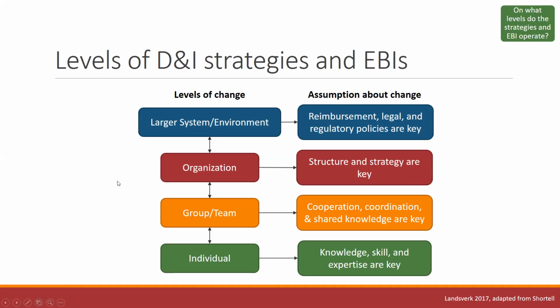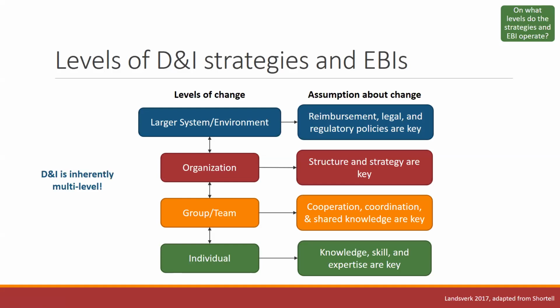We want to make sure that we're measuring the change at those levels. So we're not just intervening at the organizational or provider level, but only measuring changes in individual health outcomes, so patient level outcomes only. We have to be thinking about measuring the changes that we're actually doing with our implementation strategies.